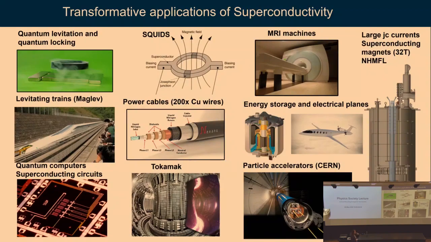So we can imagine a world where if we find a room temperature superconductor, we could create MRI magnets for our own use at home. So if you break a finger or something, you can just scan it and find out what has happened. Strong magnets are considered for electrical planes, for generation of energy in tokamaks to confine the plasma.